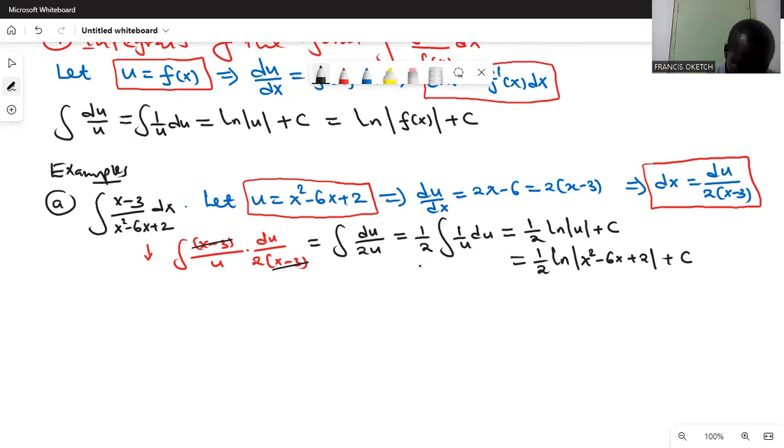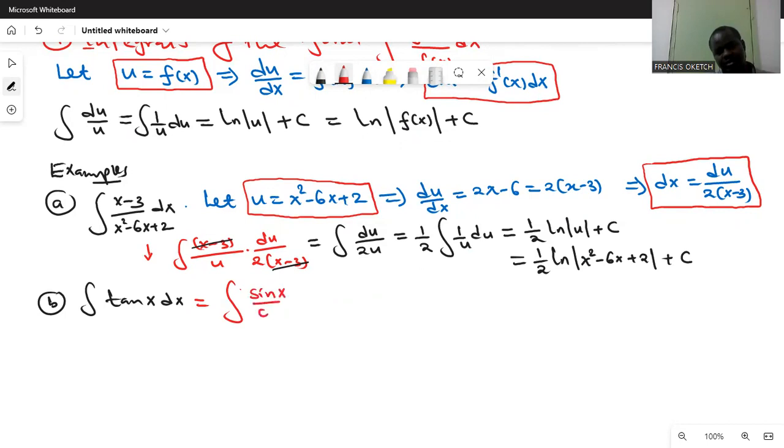Another one is the integral of tan x. How do you go about it? Part B is how to integrate tan x dx. Remember that this can be written as the integral, because tan x is the same as sin x over cos x.